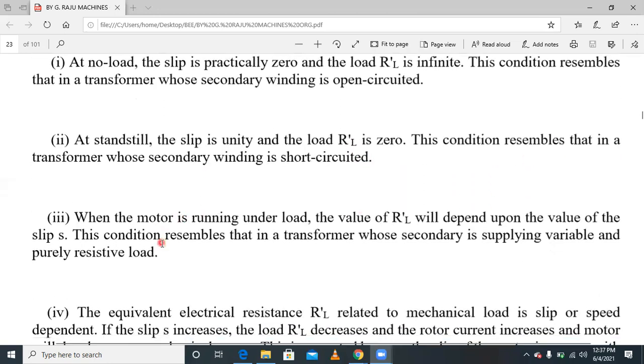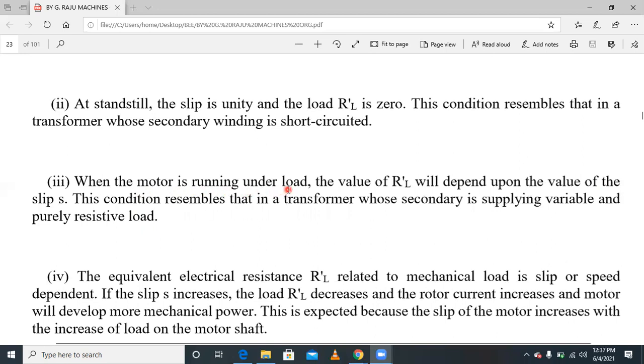Understand? When the motor is running under load, the value of RL dash will depend upon the value of the slip. Am I right or not? Running under load means slip is changing, depending on rotor speed NS minus NR. When the load changes, NR changes, so NS minus NR also changes.